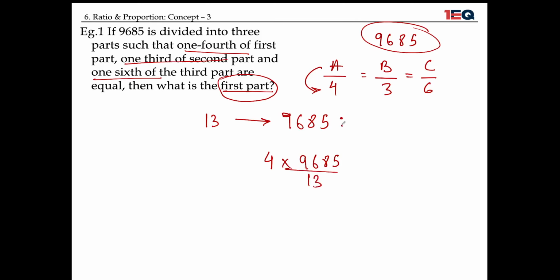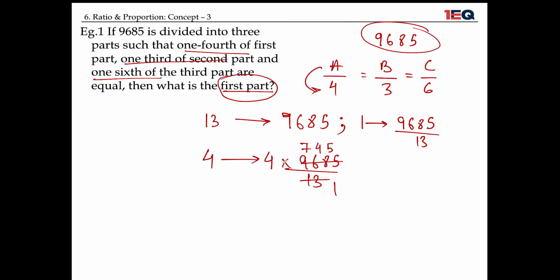How did I come to this conclusion? If the value of 13 is equal to 9685, then the value of 1 would be equal to 9685 whole upon 13, and the value of 4 has been asked of me. So 4 would be proportional to 4 multiplied by 9685 whole upon 13. So I'll use the table of 13. 13 ones are 13, 13 sevens are 91, then 58, 13 threes are 39, 13 fours are 52, then 13 fives are 65.